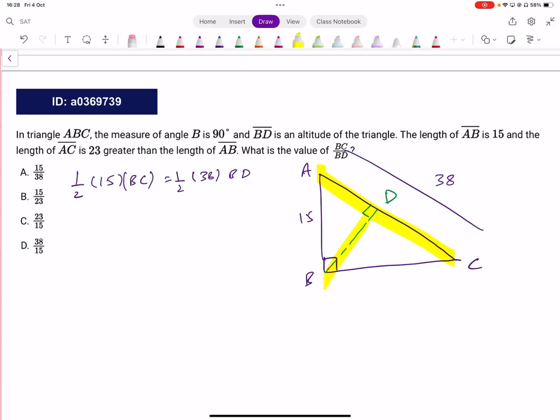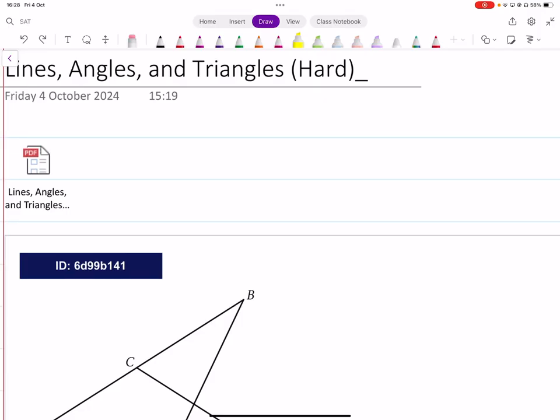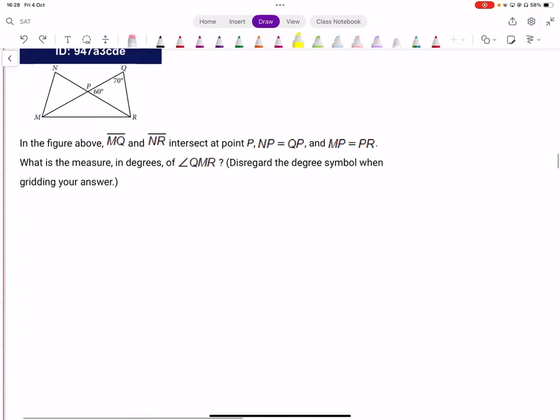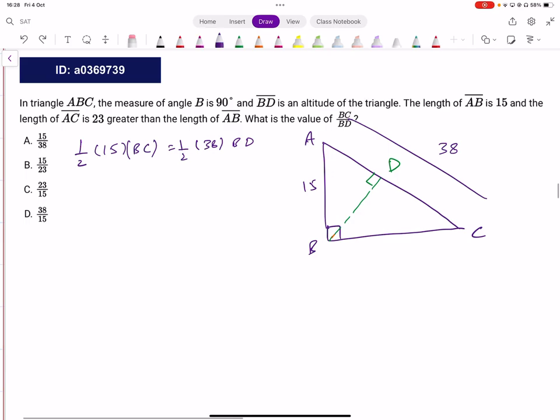Since we do not really want the actual values of BC and BD and just need the ratio, we get BC over BD equal to 1 over 2 and 1 over 2 get cancelled, and that's 38 over 15, and that should be the answer. We could find the actual values as well if we wanted, but they did not ask us for that. Just asked us for this ratio, and this is how you could do that, using areas of triangles.